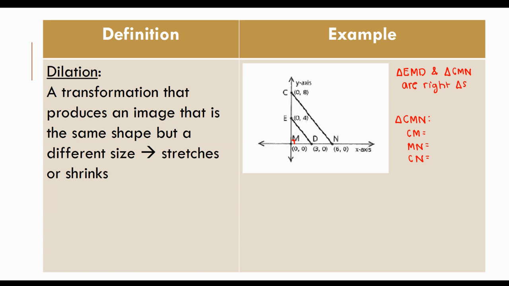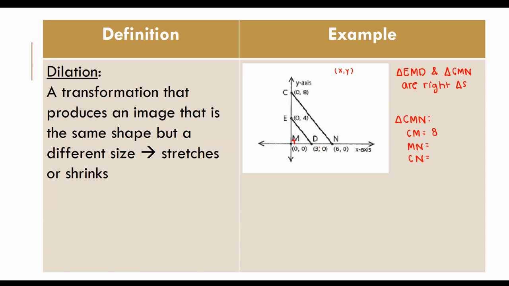Notice that because that is on the y-axis, I want to focus on the y values of the ordered pairs. Remember, in an ordered pair, X goes first and Y goes second. So I want to look at the second 0 for M, and then the 8 in that ordered pair of 0, 8. So how did I go from M to C? Well, that became a length of 8 because 0 to 8 is a length of 8.